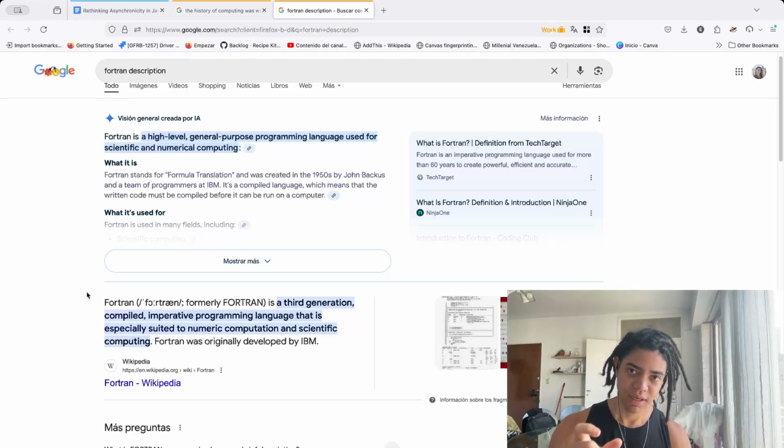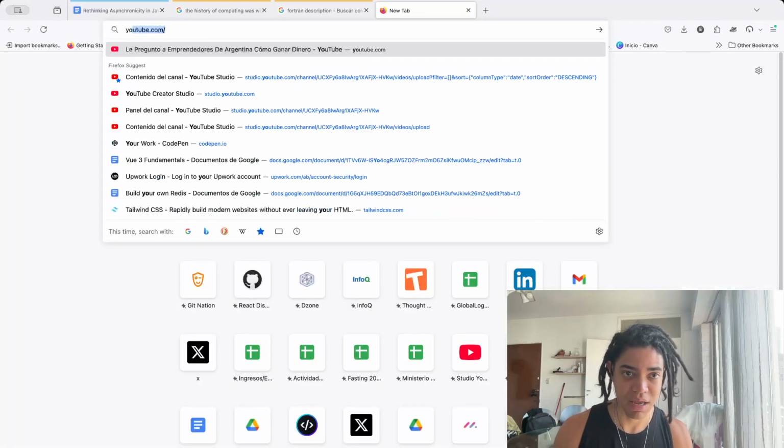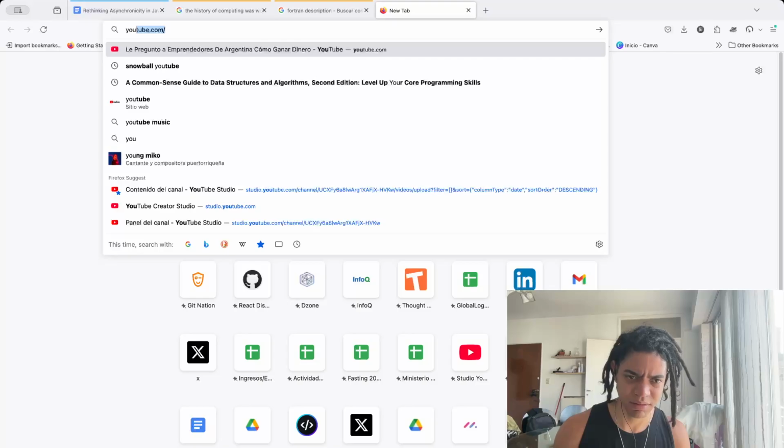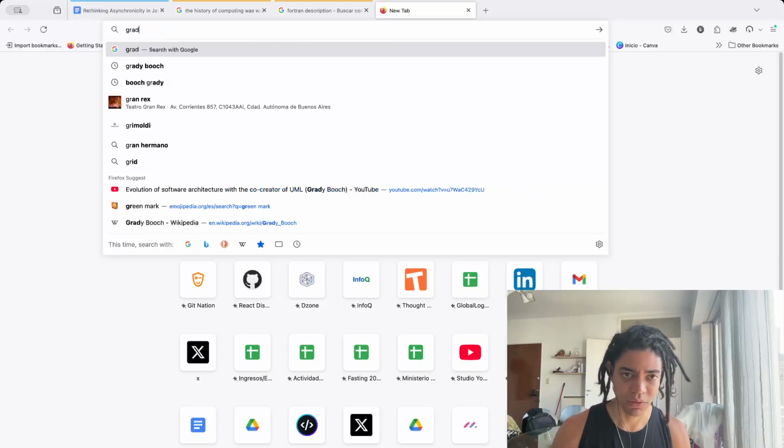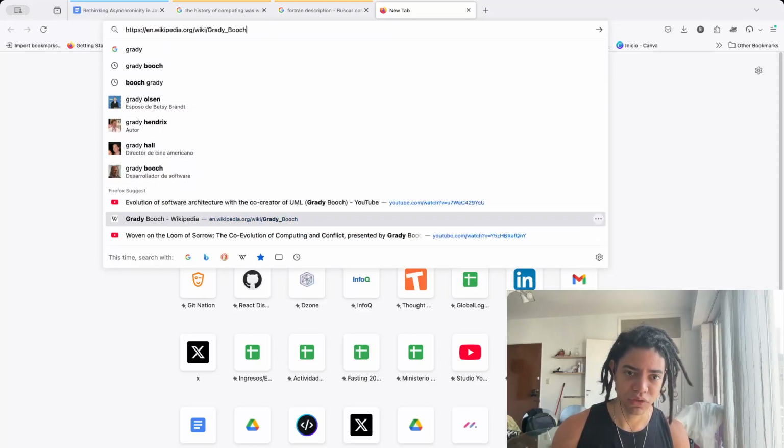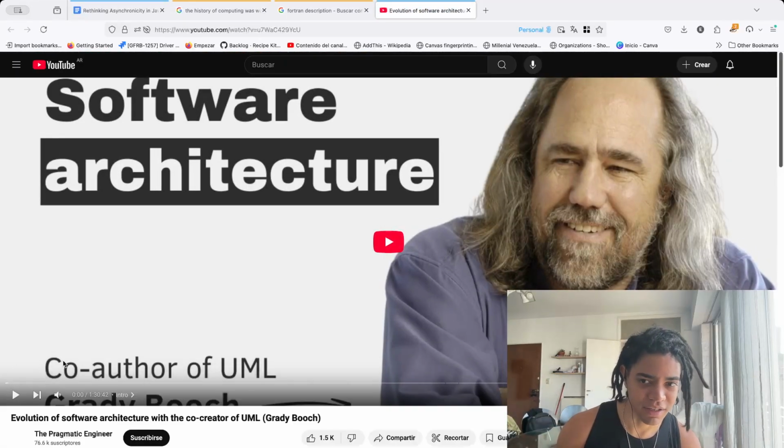Slowly but progressively, with the rise of another language like Smalltalk and all that kind of stuff, which is again something he mentioned here, let me actually look at Grady Booch, the evolution of software architecture. It's quite fascinating.